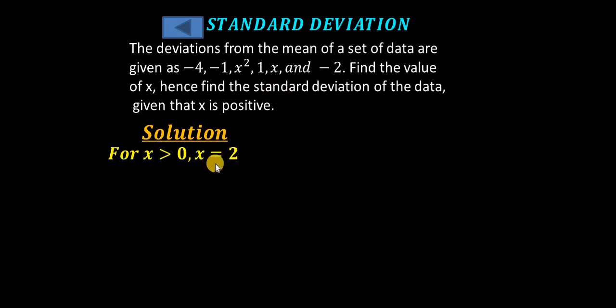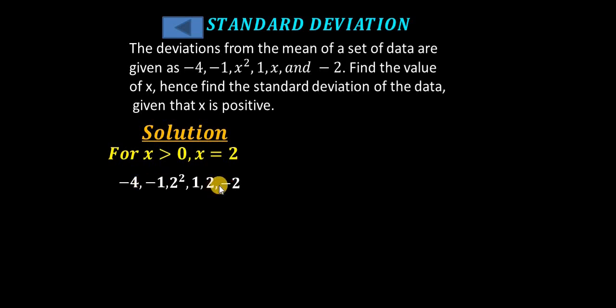Given that x is 2, we're going to substitute it in the deviations so that we'll have the deviations as -4, -1, and then in place of x we have 2, so that we have 2 squared, and then we'll also have 1, then x is 2 again, and then finally we have -2.